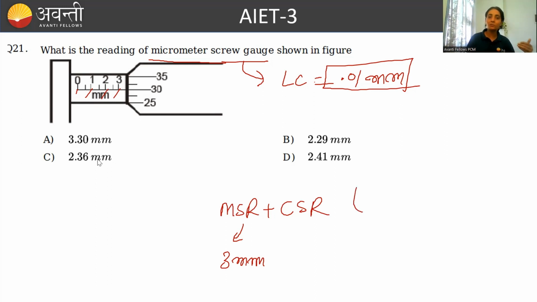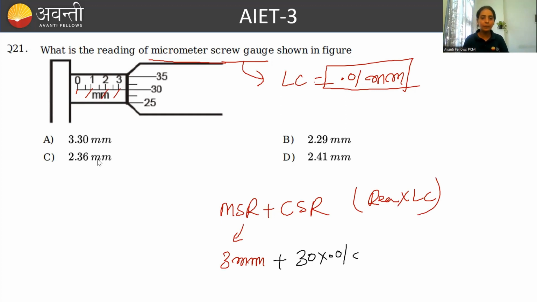The division that is coinciding with the main scale line, that reading you will take into least count. So here it will be equal to 30 into 0.01. So this is 0.3, right? So 3 millimeter plus 0.3 millimeter. So what will the answer be? Will you write 3.3 millimeter? No. 3.30 millimeter will be the correct answer.